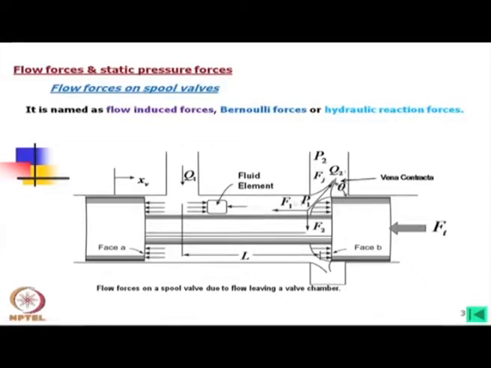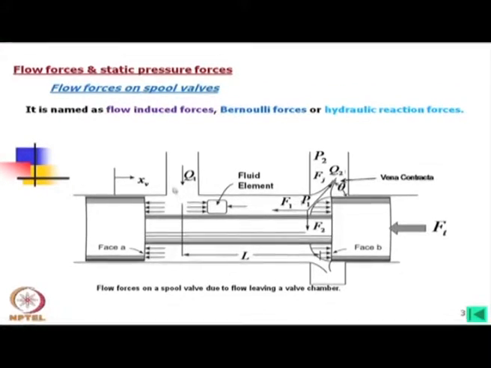That means we are not considering any fluid transient here; we are considering a steady state flow going out, a jet going out in these directions, and we are studying what the forces will be inside the spool. Another thing is that we have taken a length L. How do we measure this length?